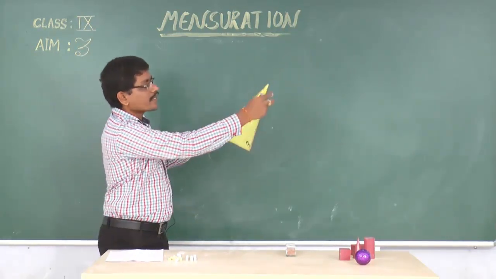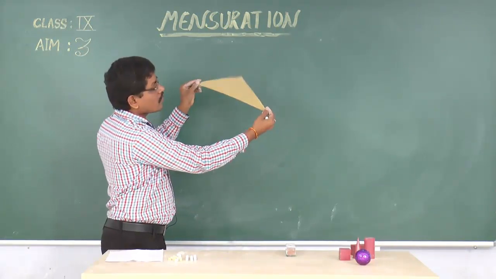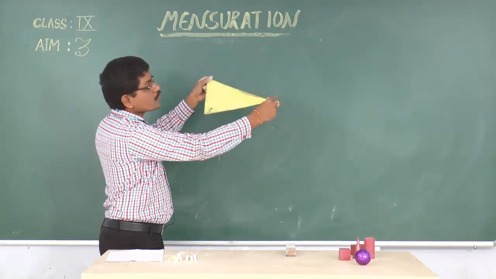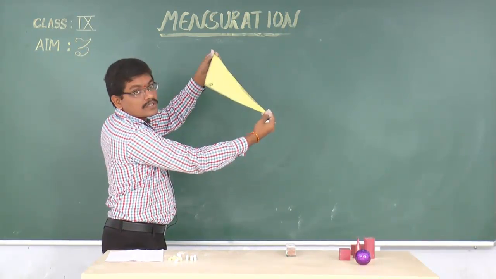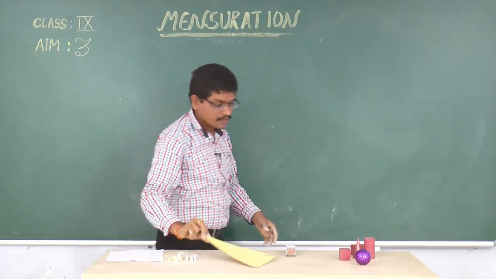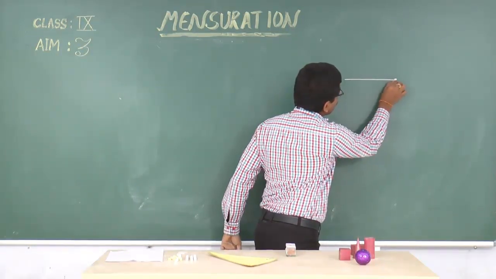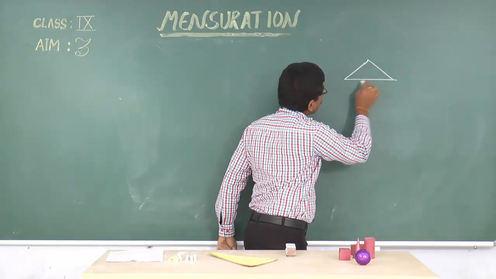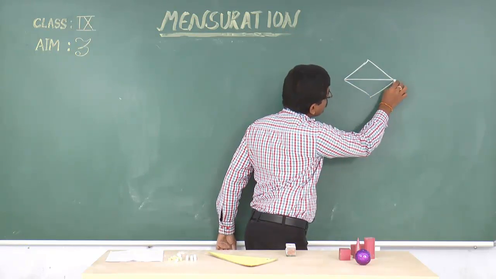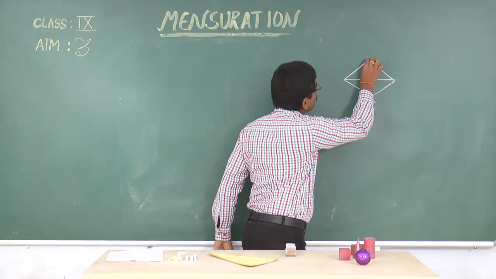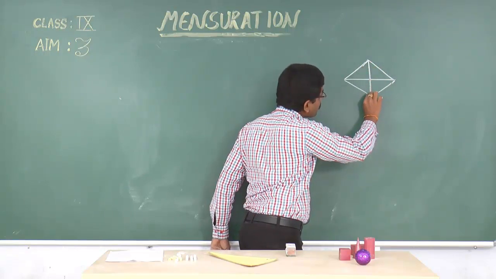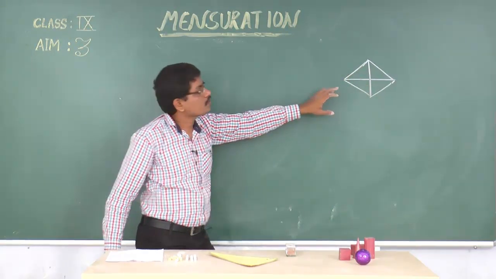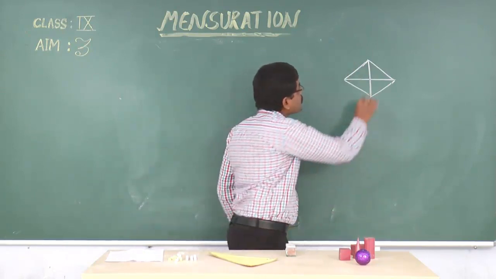So if we rotate this right angle triangle along with the hypotenuse, like this we will get one double cone shape.